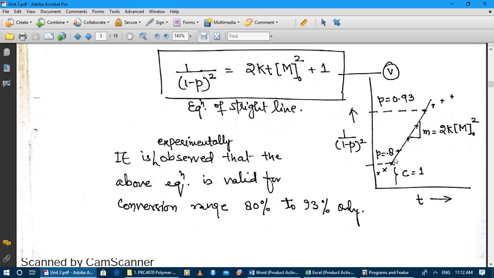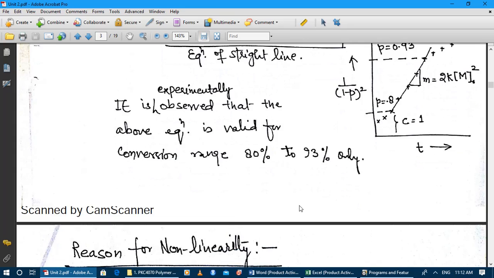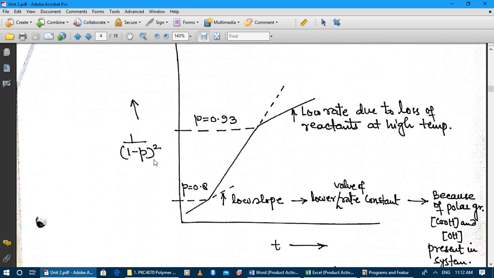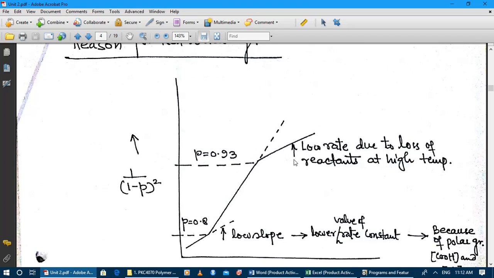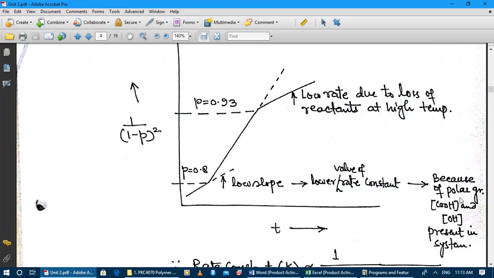Now, what is the reason for this deviation? The reasons for non-linearity are different for the lower and upper conversion regions. In the lower conversion region, a low slope indicates a low rate of reaction. A low slope, representing a lower value of the rate constant, is because of the polar nature of the diacid and diol present in the system.